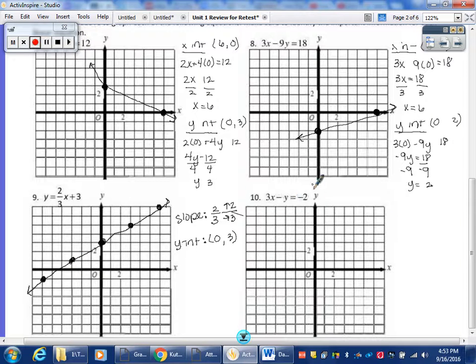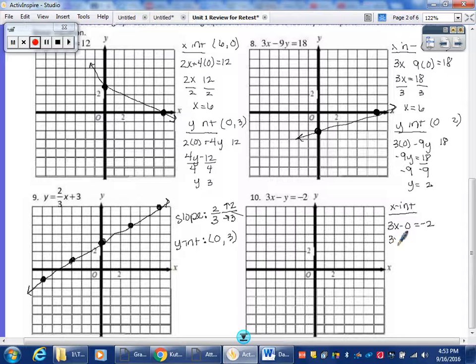All right guys, so this is another equation that is in standard form, and so I'm going to again graph it using intercepts. So here is my x-intercept. I'm going to plug 0 in for y, so this is 3x minus 0 is equal to negative 2.